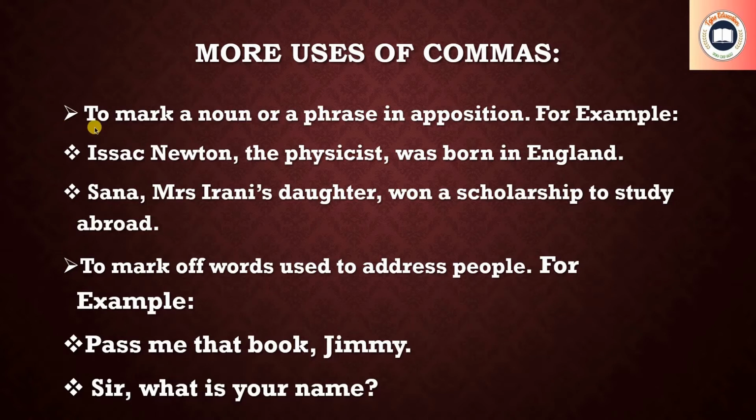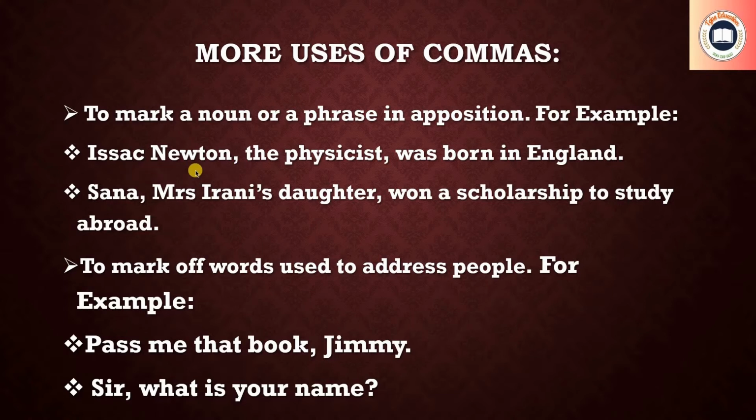Now the comma is also used to mark a noun or a phrase in apposition. So what is apposition? There is a noun given and it is being described by a phrase. By seeing the examples you will understand. Isaac Newton, the physicist, discovered gravity.